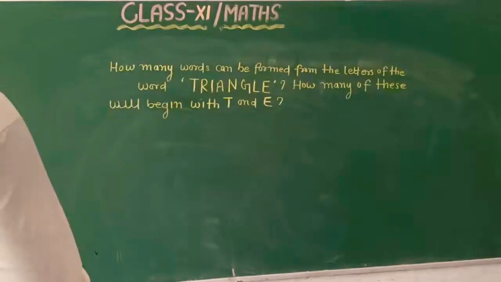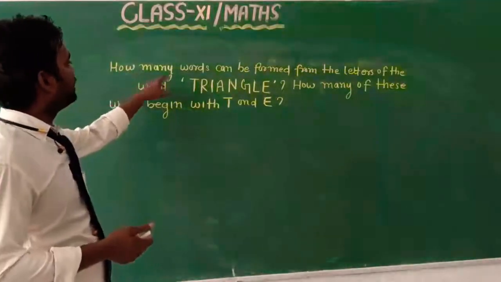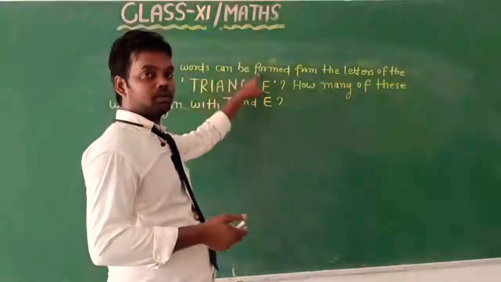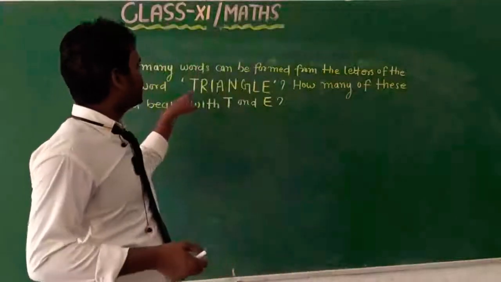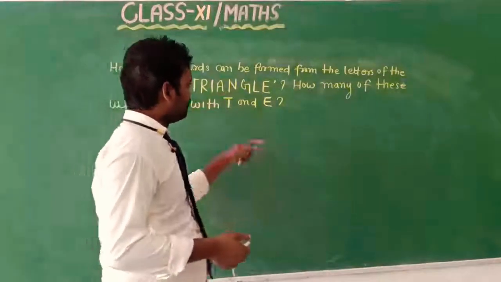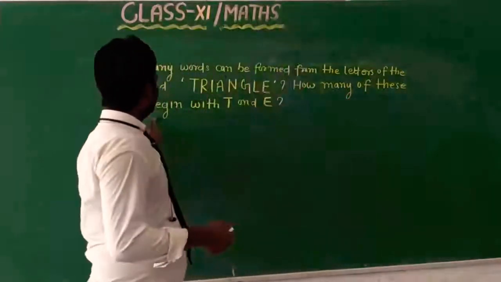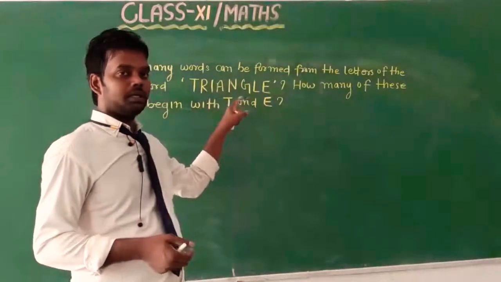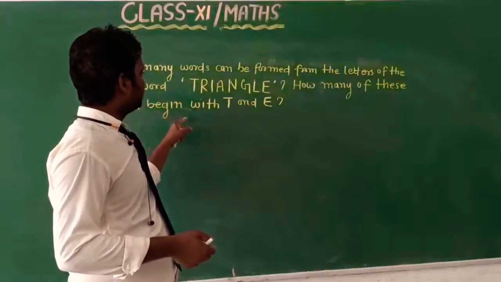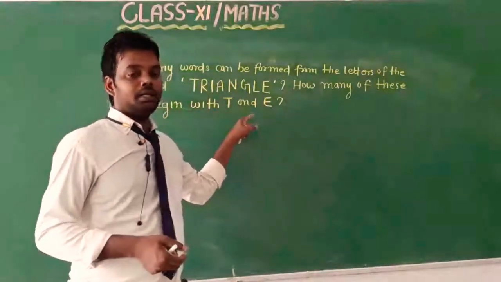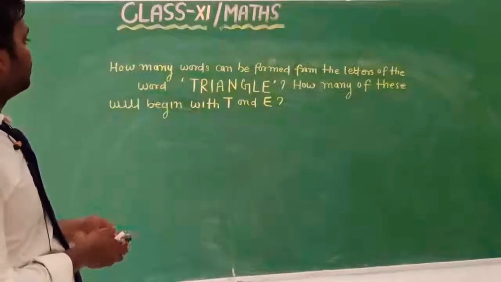Let us consider another example. How many words can be formed from the letters of the word triangle, and how many of these will begin with T and end with E?